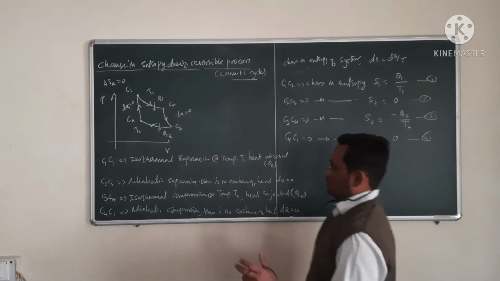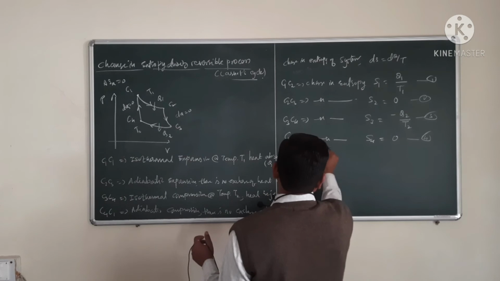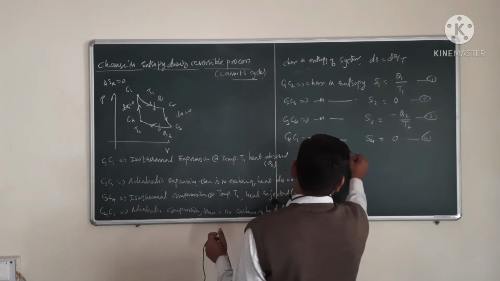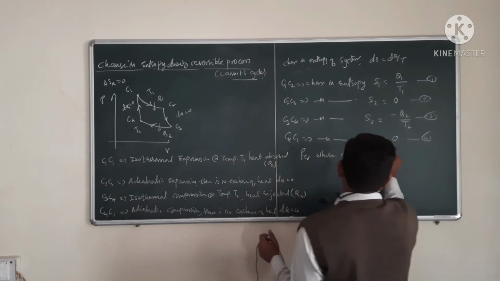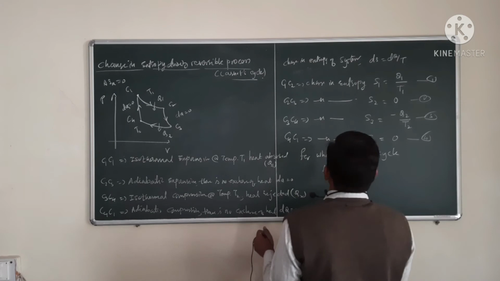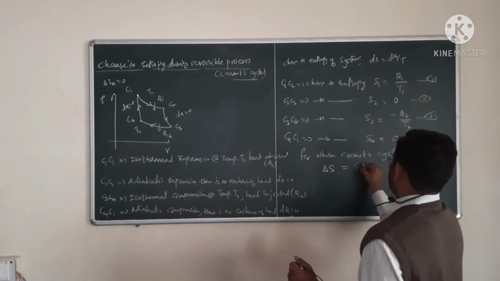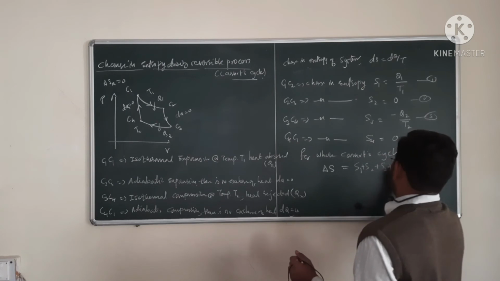Now if you combine all the four equations for the whole Carnot cycle, the change in entropy delta S is equal to S1 plus S2 plus S3 plus S4.